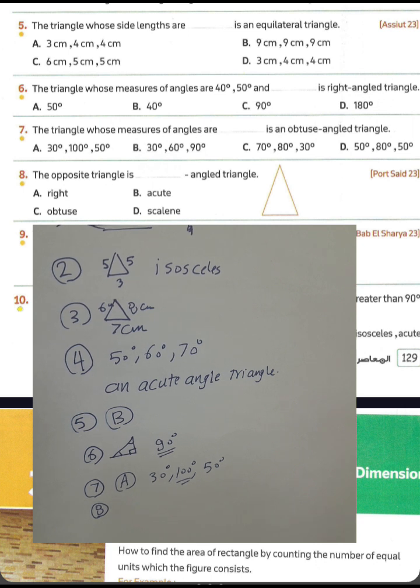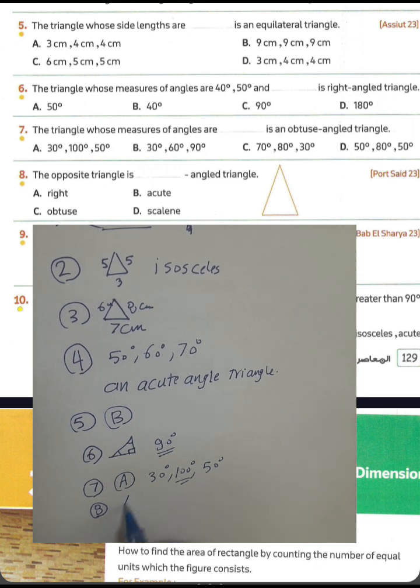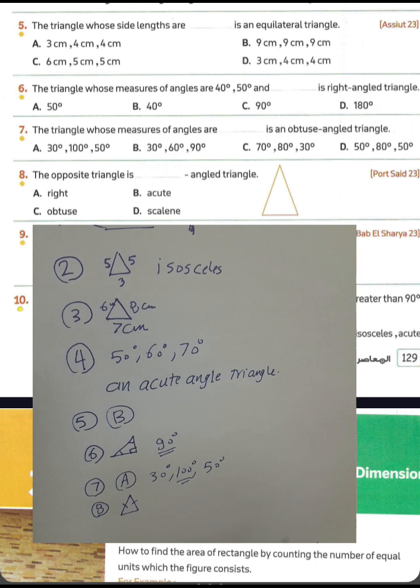Question 8. The opposite triangle is a blank angle triangle. We have two sides of equal length. Then which letter am I going to choose? You asked about the angle triangle: acute, scalene, right or obtuse.